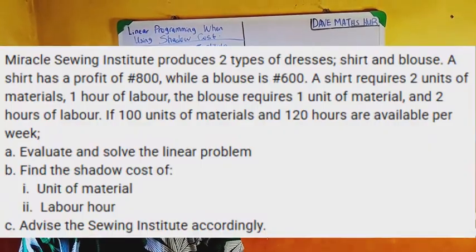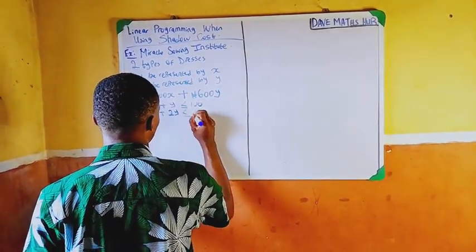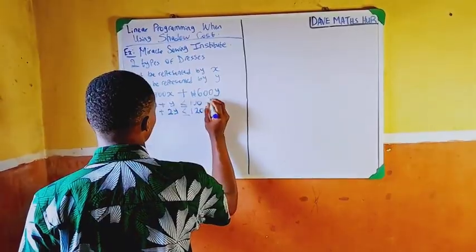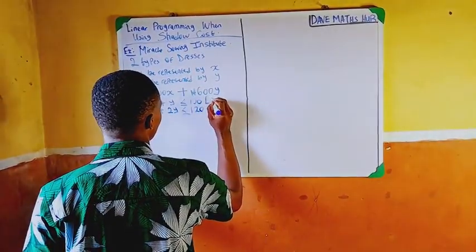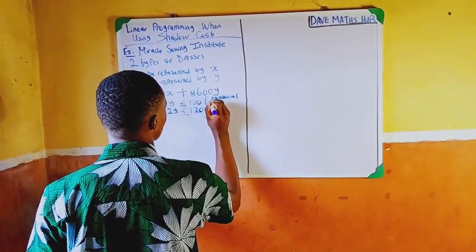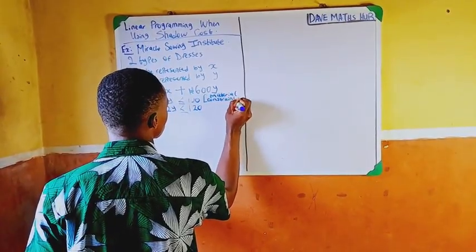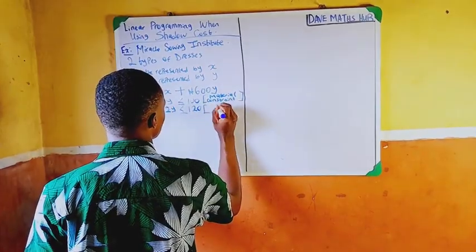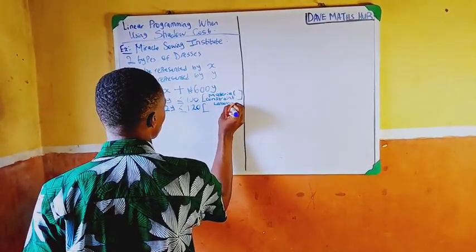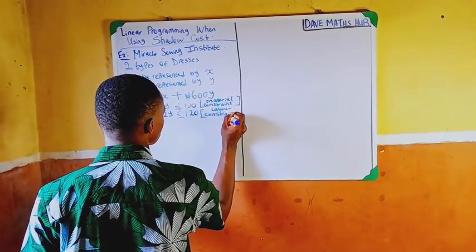Then 120 hours. This is for hours, so this will come as this 120, giving us material constraint and labor constraints.